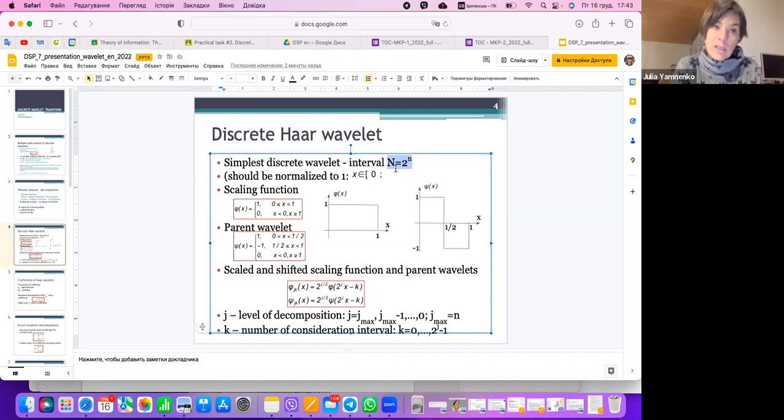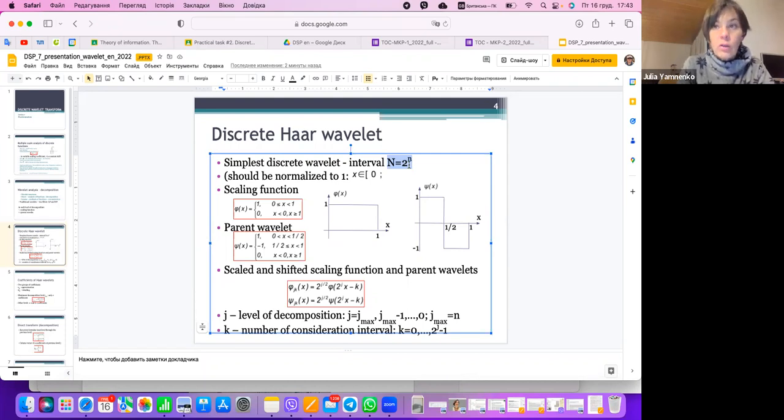So here, in the method of Haar wavelet, it is necessary to have an original function that is defined by n values. And you can see that there is a very important condition: this n should be a power of 2.